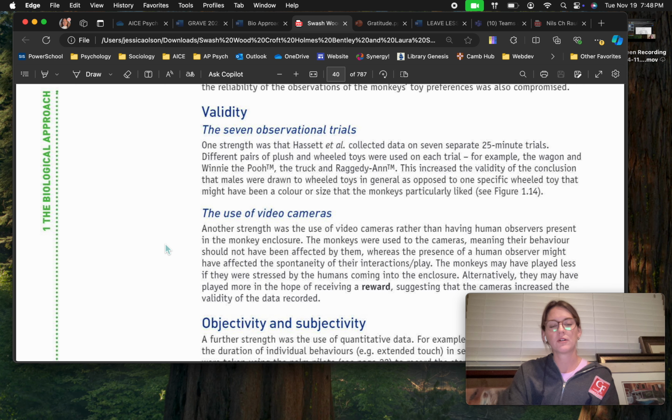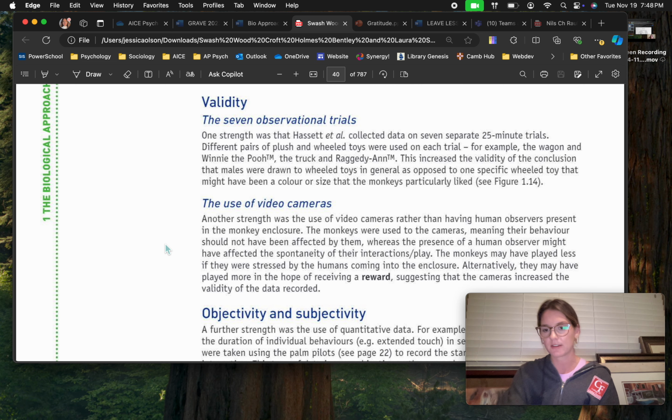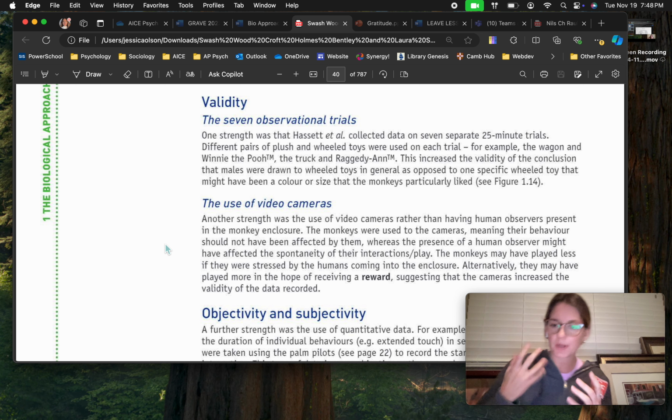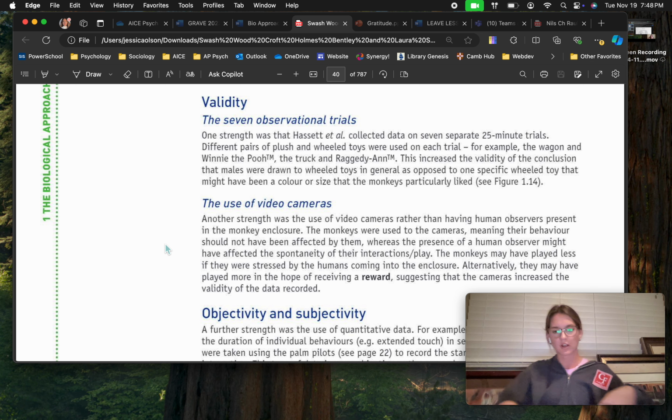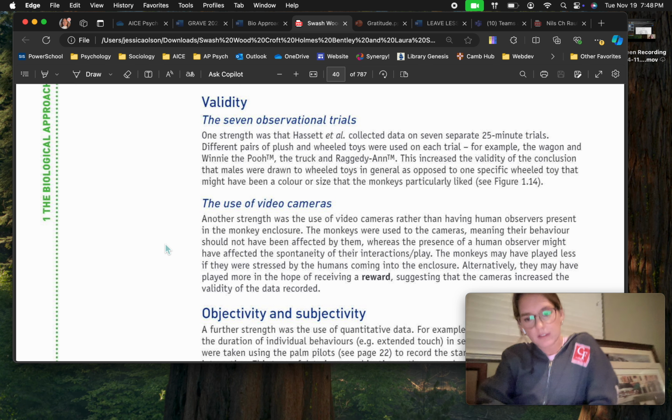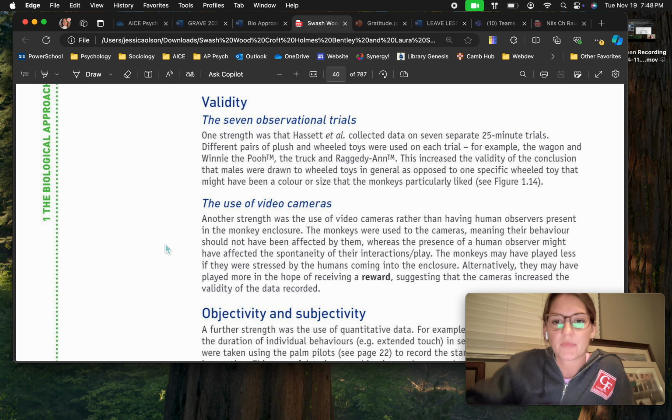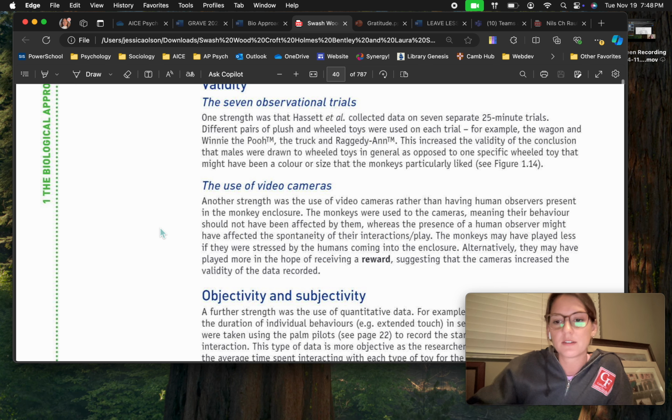Validity. So internal and external. Internal validity is how well were we able to study play and hormones' effect on biological sex and toy preference. Were there any other factors, extraneous variables, that could have gotten in the way of this? So we had 7 separate trials.